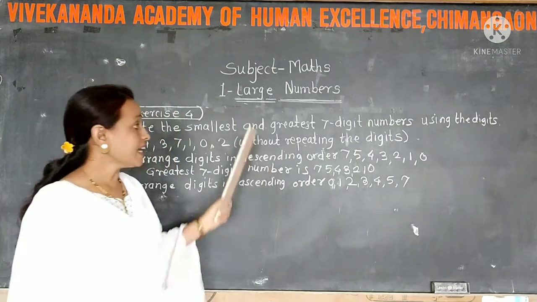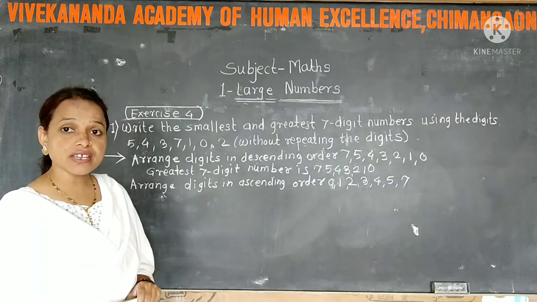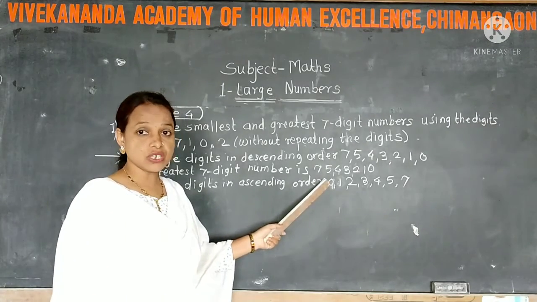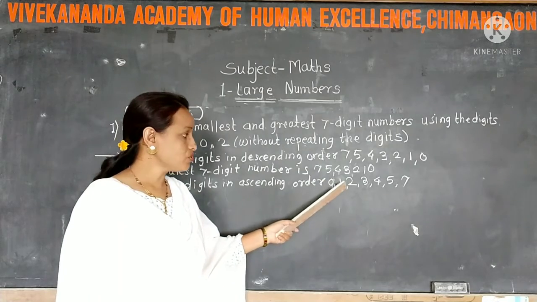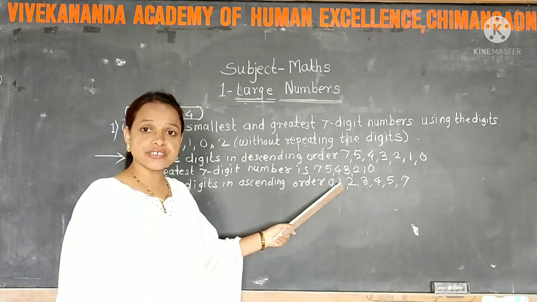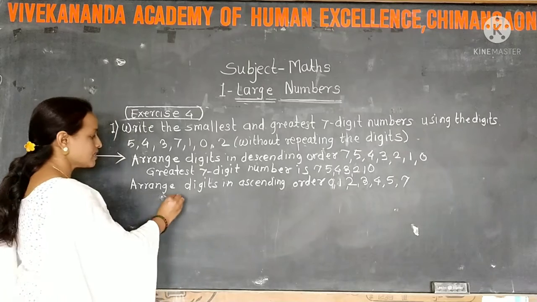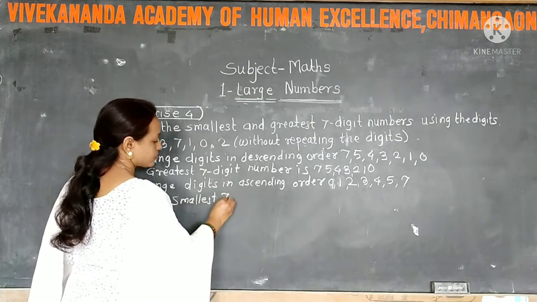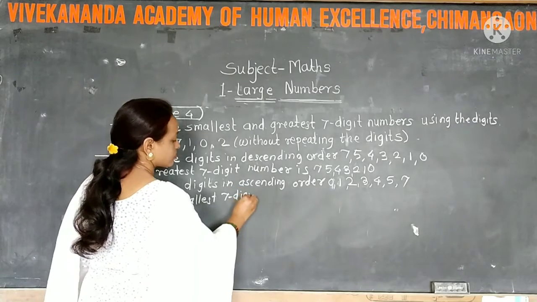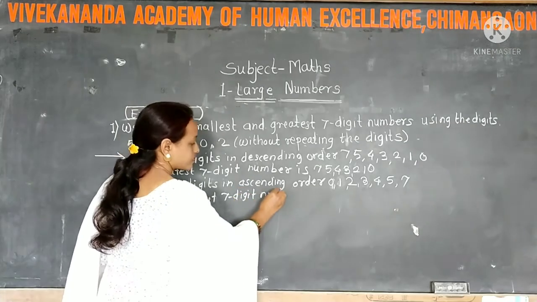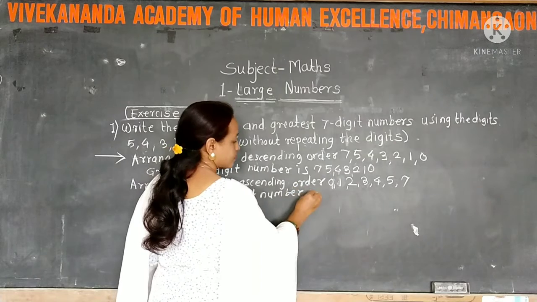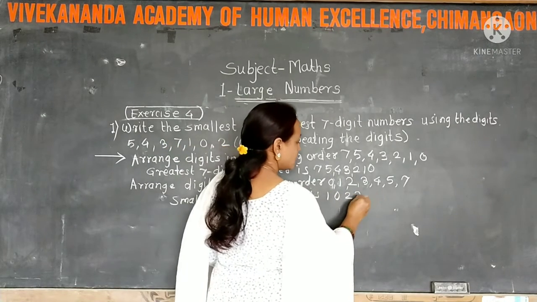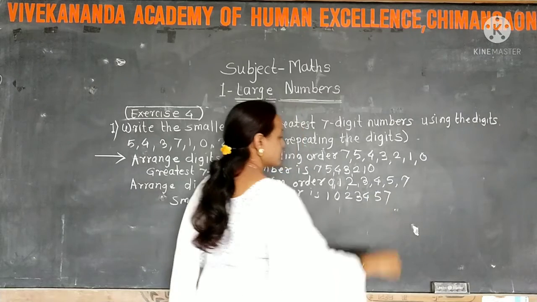But while writing the smallest 7-digit number, we never start with 0 because 0 has no value. So we have to start with the digit 1. So we get here the smallest 7-digit number: 1, 0, 2, 3, 4, 5, 7.